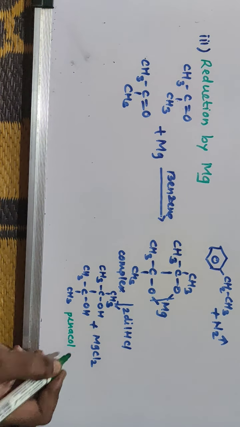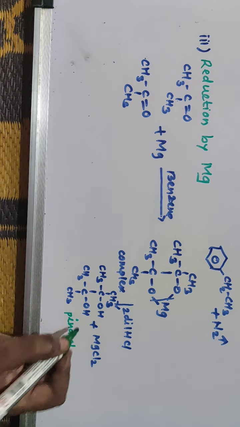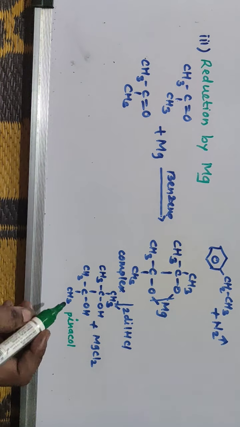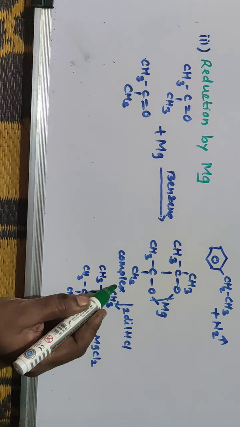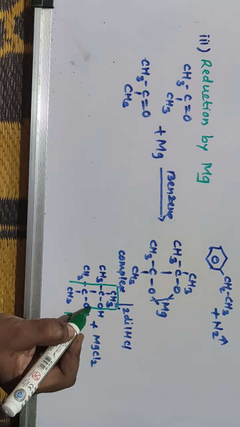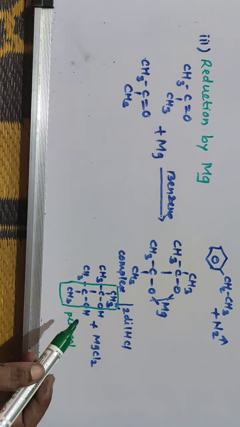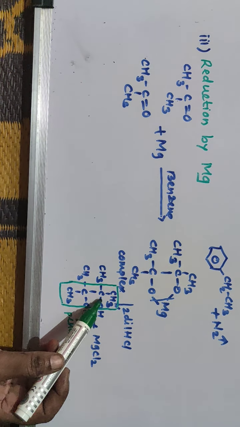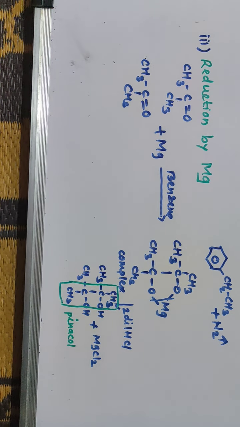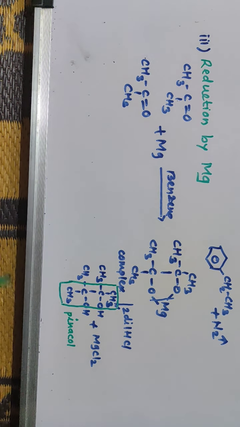Again, this is an important reaction. Name is pinacol, or what is the IUPAC name? Suppose this is your longest continuous chain. Then how many carbon atoms are there? 1, 2, 3 and 4 carbon atoms are there. So it is a butane. Which butane? Now two hydroxyl groups are present. That means the e of butane gets retained here wherever two hydroxyl or two functional groups are there.